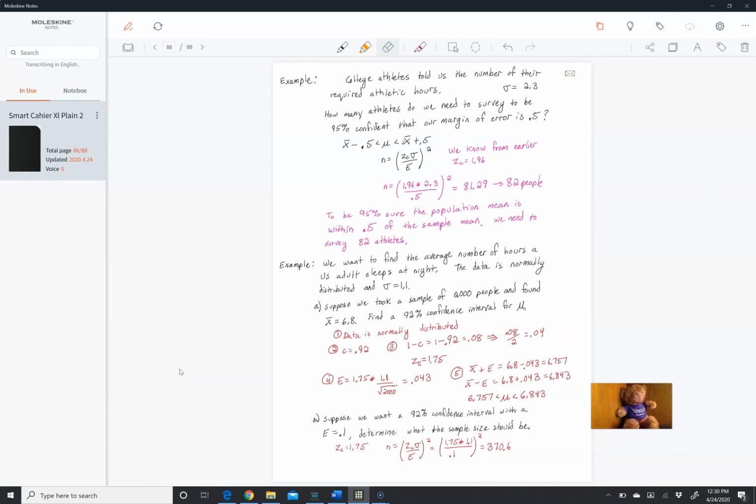Okay, what is 370.6 round to? It rounds to 371.